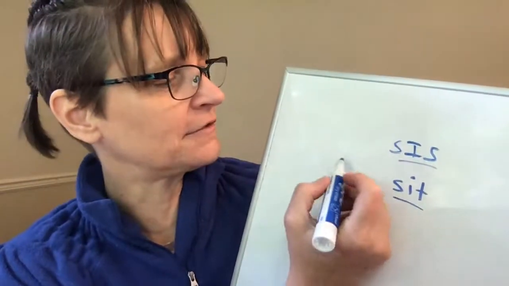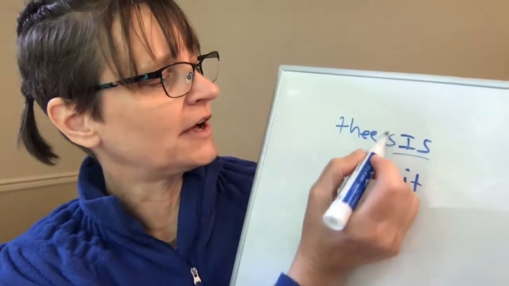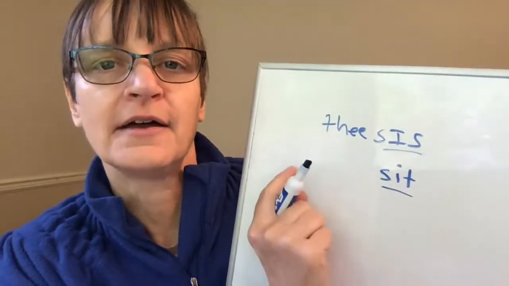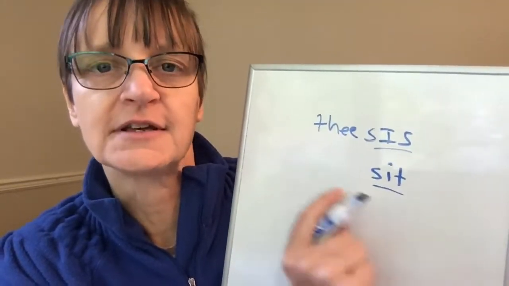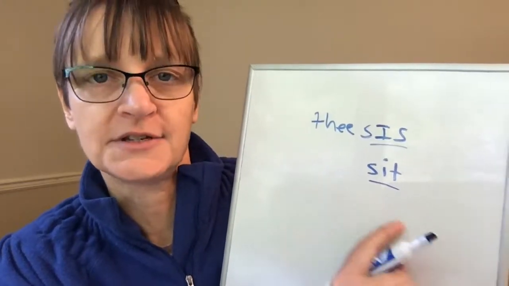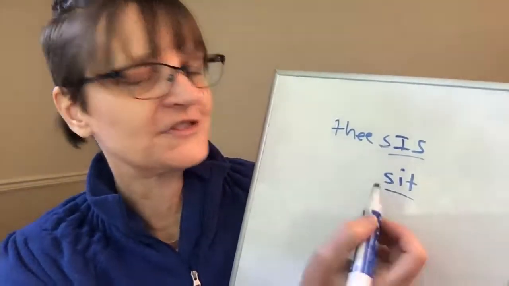So instead of thesis, I could try thesit, and then change to thesis, or analysis. So with sit, it's not a real word, but sometimes you can hear the vowel clearly and match it if you change it and add a word where you're more confident on that vowel sound.